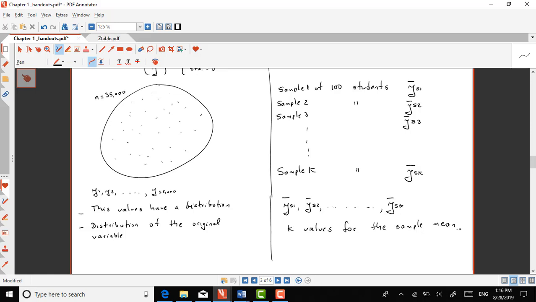These result in the probability distribution of the sample mean, or sometimes you can call it the sampling distribution.